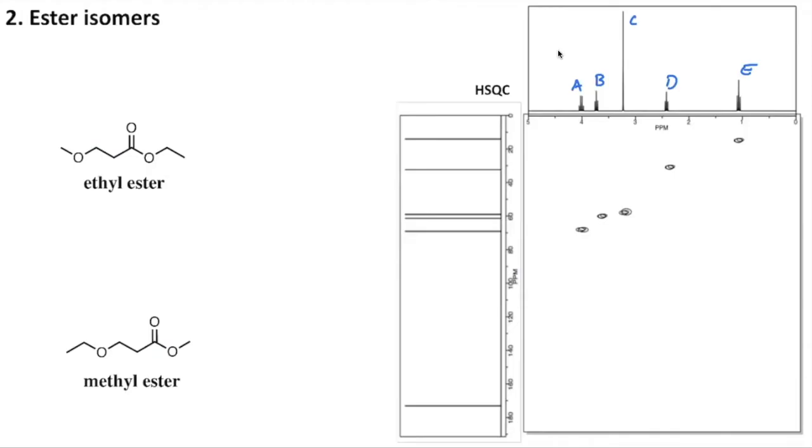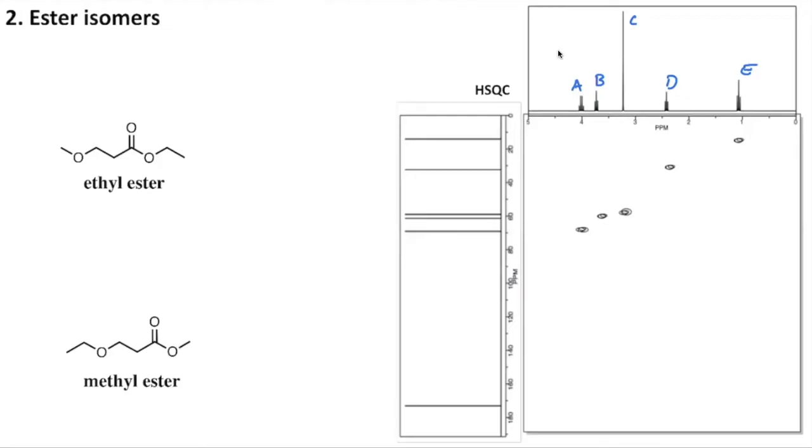Let's think about the identity of those based on their splitting patterns. The one that sticks out the clearest, at least to me, as being very different from the rest is C. C has no splitting to it, at least not that we can tell from this magnification. So that has to be a singlet, and that means it has to be something with no neighbors, right?